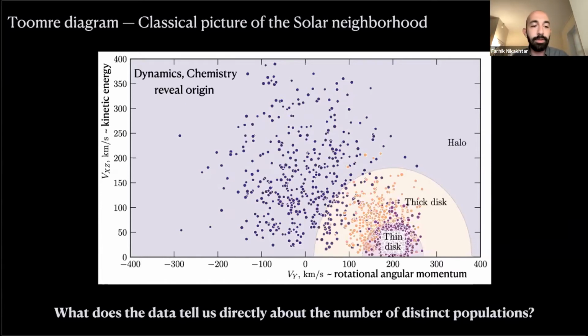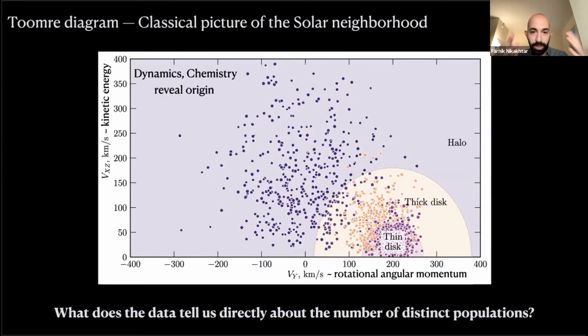To test this idea, we took the agnostic approach of allowing the data itself to tell us what the distribution looks like. We constructed a Gaussian mixture model for both simulated and observed data using measured velocities Vx, Vy, and iron abundances, Fe over H, as the distributions to be decomposed.